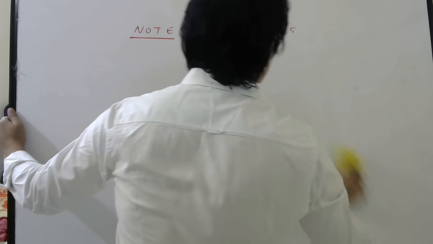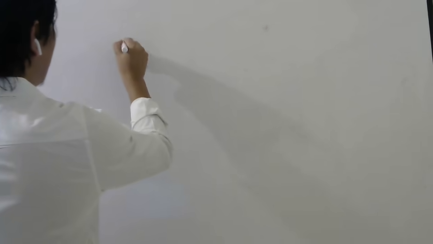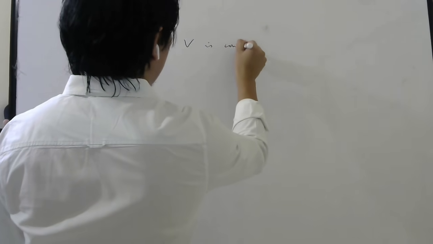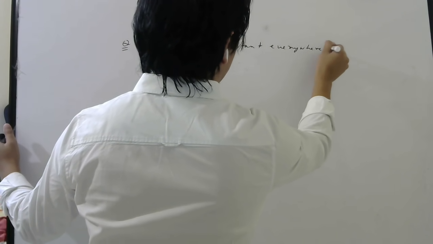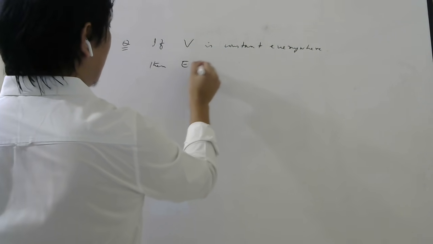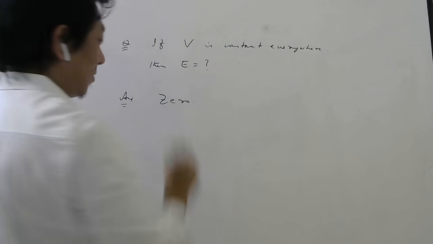Can you tell me what will happen if potential is constant everywhere? What will be the electric field? One more question: if potential is constant everywhere, then the electric field will be how much? Answer is 0. Why?